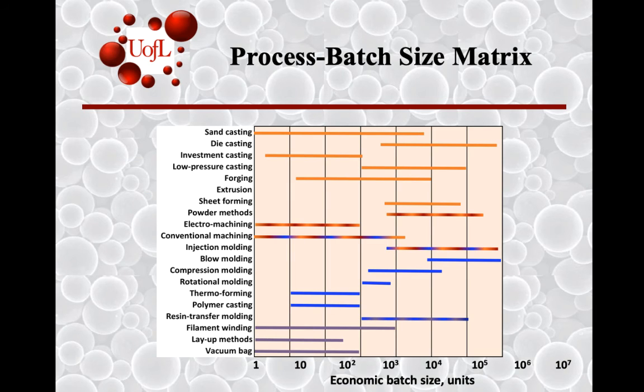Those considerations basically go behind this matrix that we have seen earlier, where you have the rows involving processes and this x-axis over here in terms of economic batch size units, reinforcing the theme that there are certain processes that work better for small batches, and certain processes that work better for large batches, and have the unique capability to deliver on that.